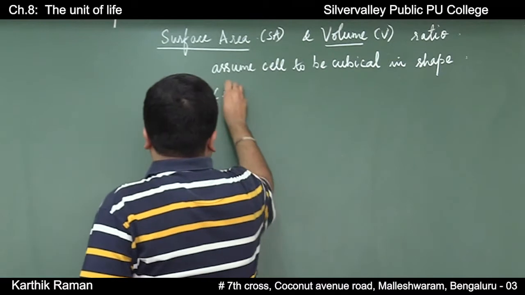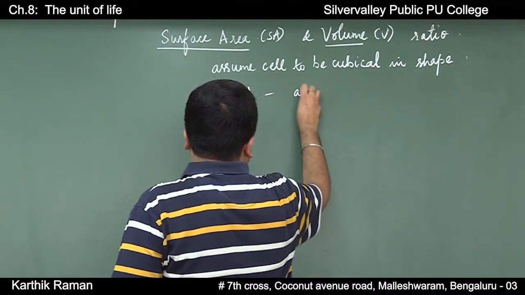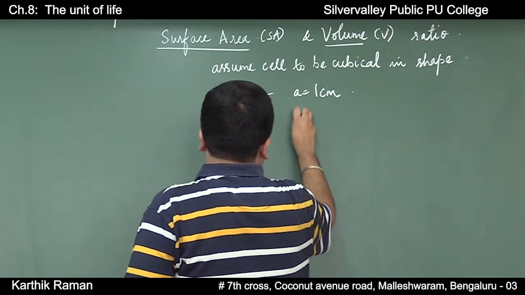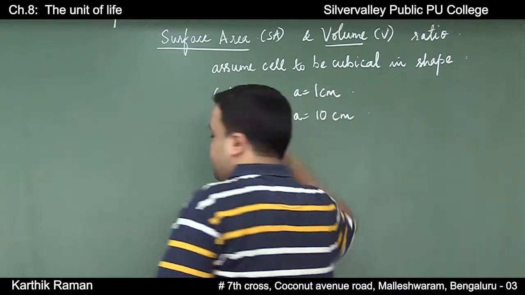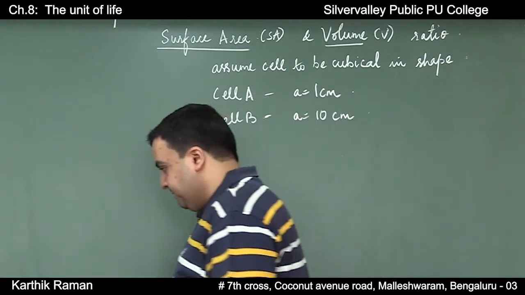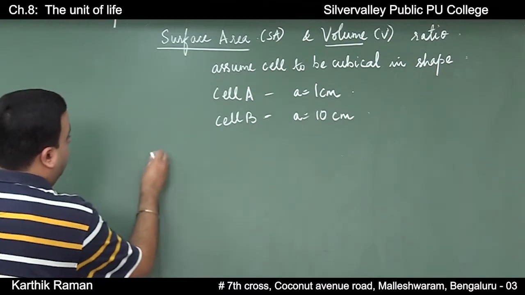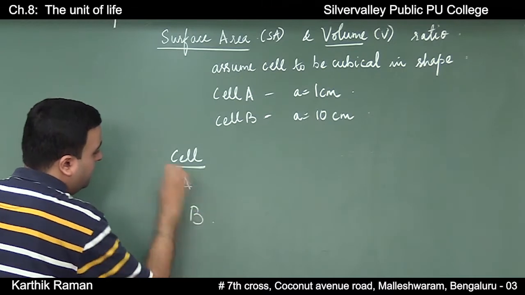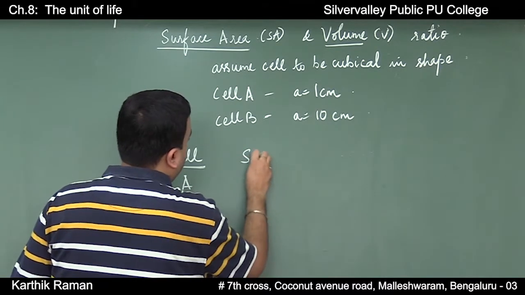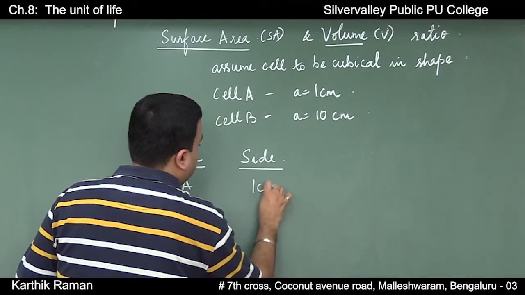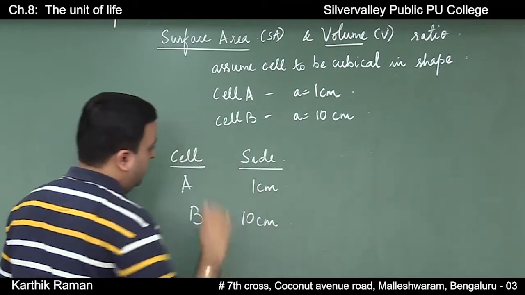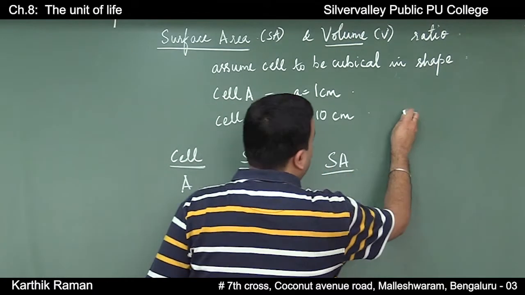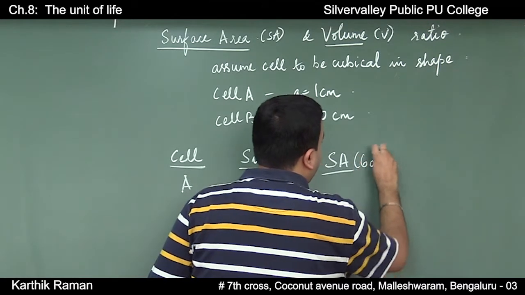Now we are going to have cell A where the side is 1 centimeter and then another cell, cell B, where the side is 10 centimeters. What could be the surface area of the cube? The surface area of the cube is given by the formula 6a square.